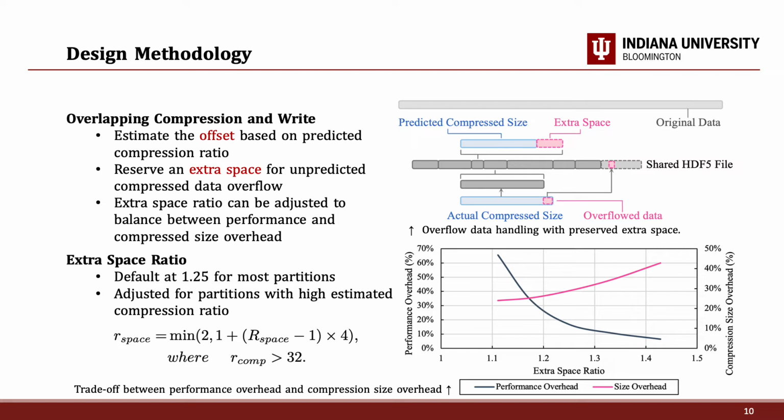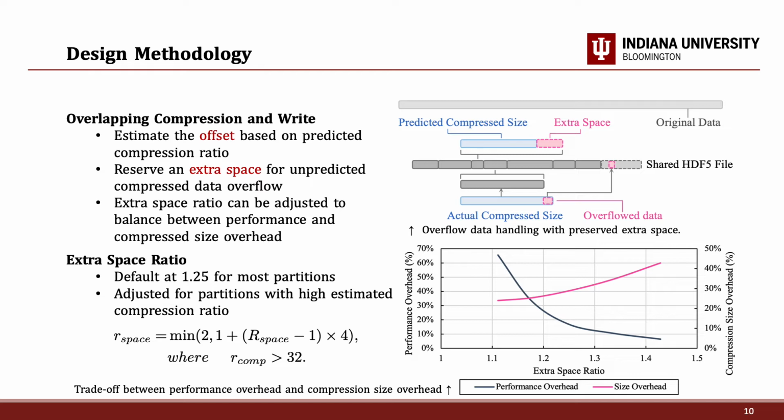On the right-hand side, after the original data is predicted into this blue bar representing the predicted compressed size, we reserve this pink bar, the extra space, for unpredicted compressed data overflow. However, in some extreme cases where the actual compressed size is still larger than this reserved area, we will write this overflowed data into the end of the shared HDF5 file.